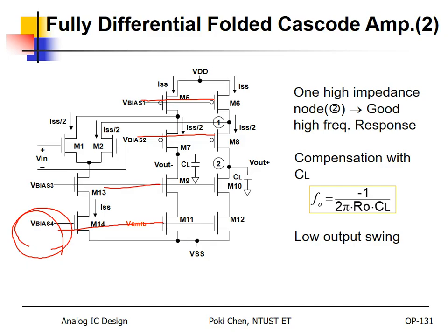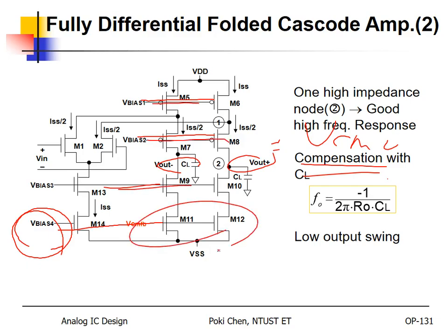So if nothing is wrong, V out plus and V out minus need to become VCMO, I mean for DC operation without any input, or with the same input as you like. And then V bias 1, 2, 3, 4. But after fabrication, this one will be changed, right?